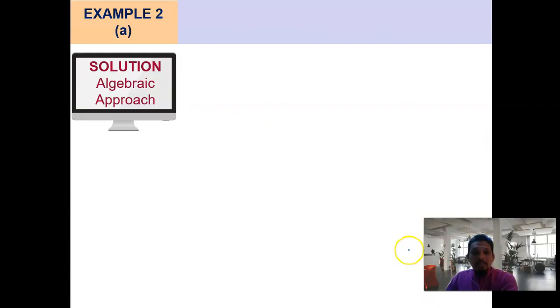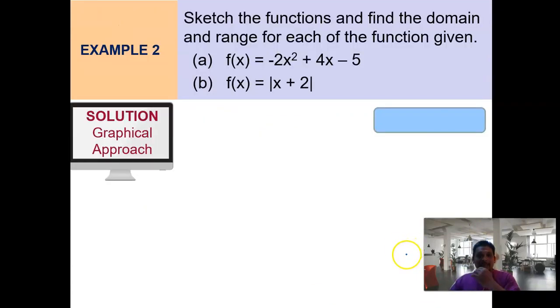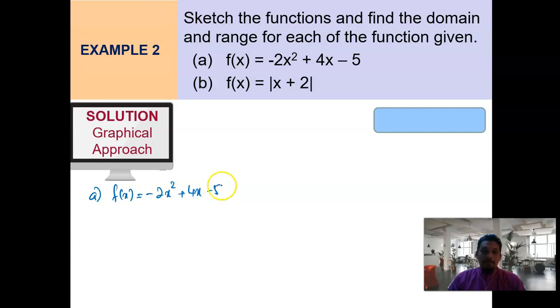Okay, so now sketch the function and find the domain and range for each of the functions given. For f(x) equal to negative 2x squared plus 4x minus 5, this is a quadratic function with the highest degree of x being 2.